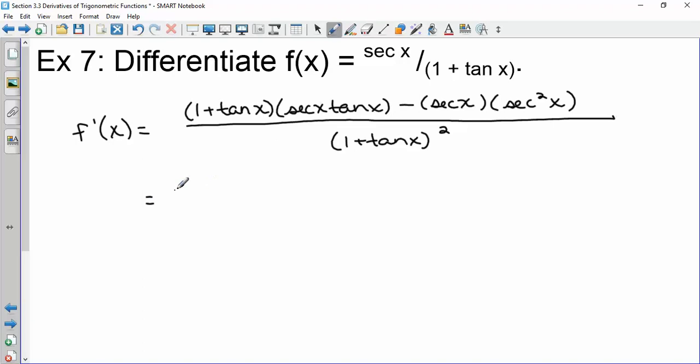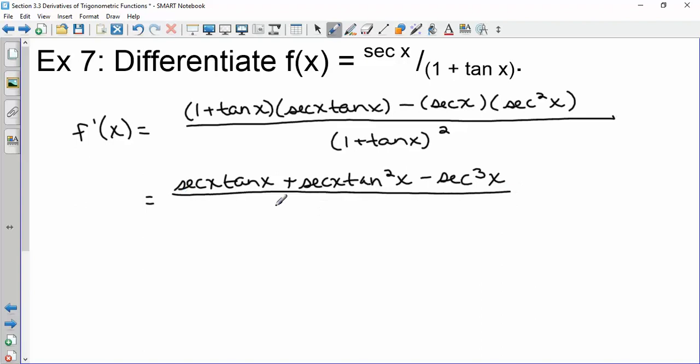If we distribute, we get secant x tangent x plus secant x tangent squared x minus secant cubed x over 1 plus tangent x squared. And that's your final answer.